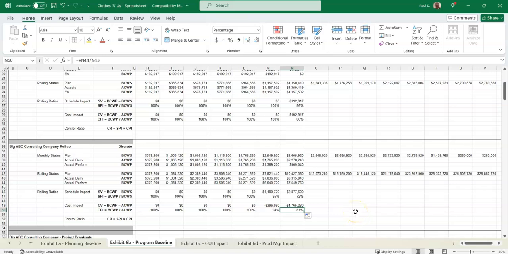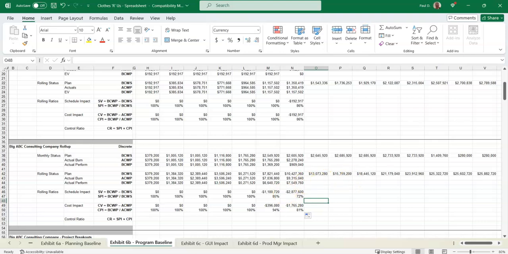Anything below 92%, finance sets up the criteria, or the customer, and then anything below 90% typically would be red and require corrective action, variance reports, and resolution reports on how you're going to recover the program. So that is how we do the measurements for part B of this assignment for Milestone 2.